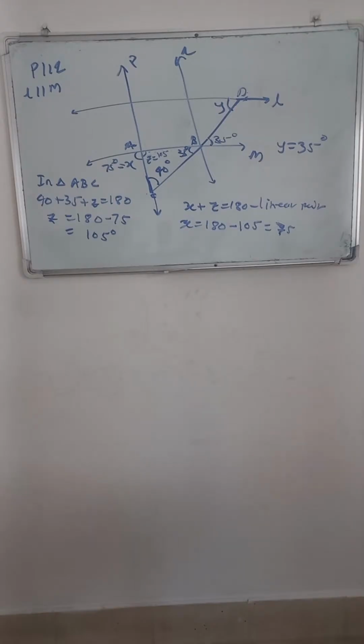If two lines intersect each other, then the vertically opposite angles so formed are equal.